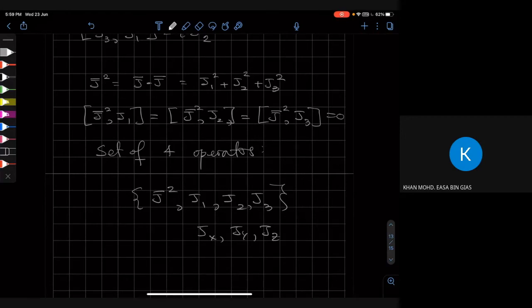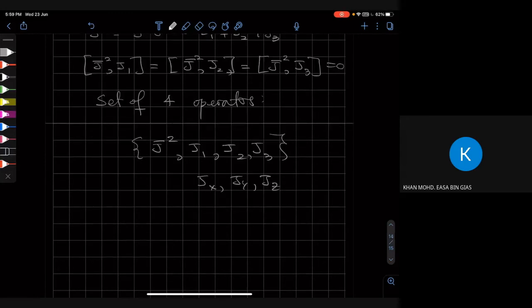Of these 4 operators, how many operators can I choose that are mutually commuting? You mean how many pairs?